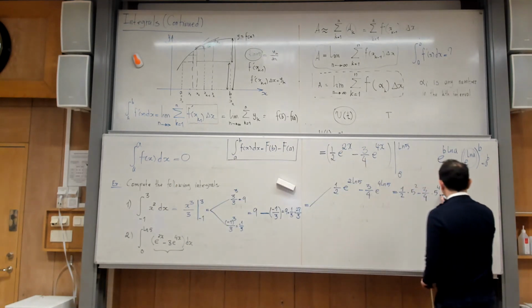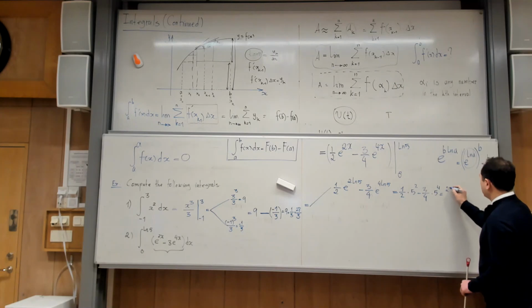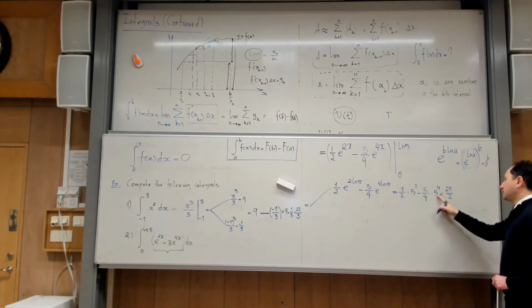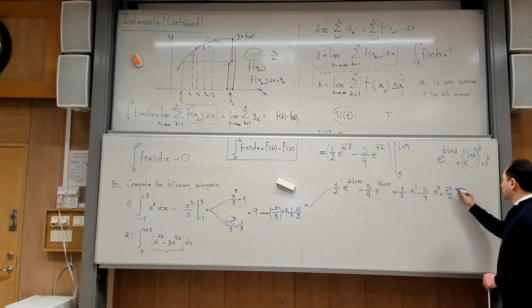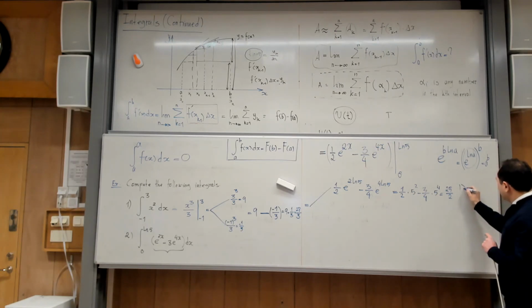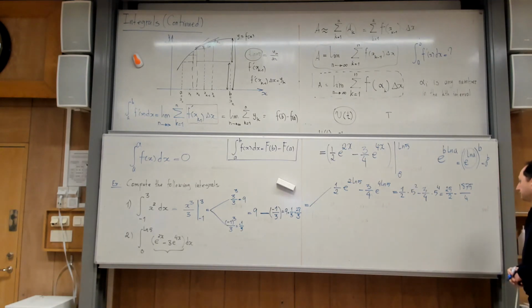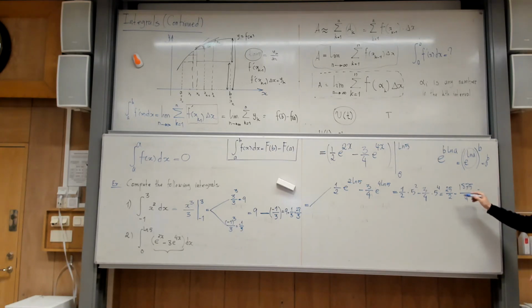So this becomes what? 25 over 2. This becomes 625. Yes? And then I have minus, divided by 4. So this becomes 50. This is the number that I get.